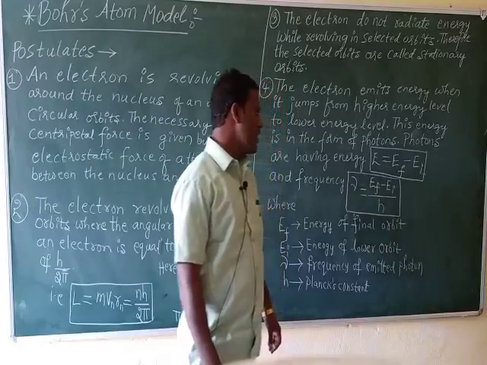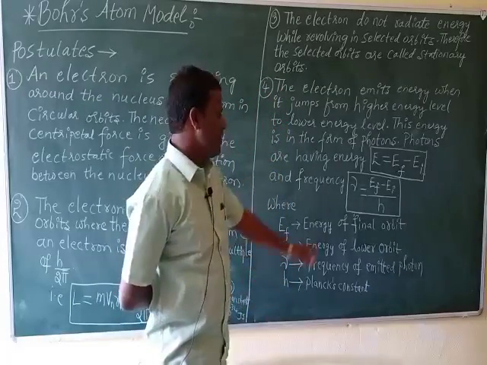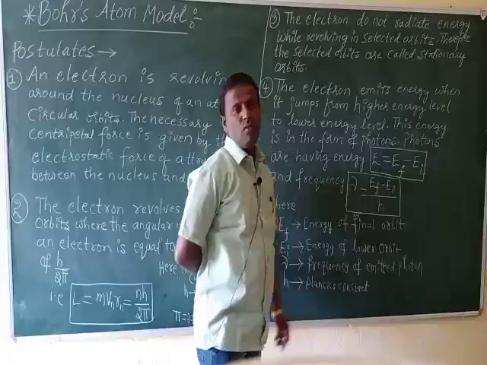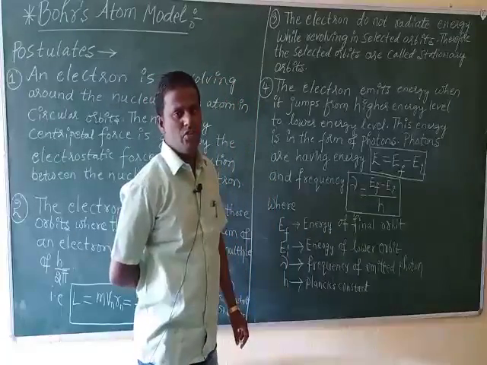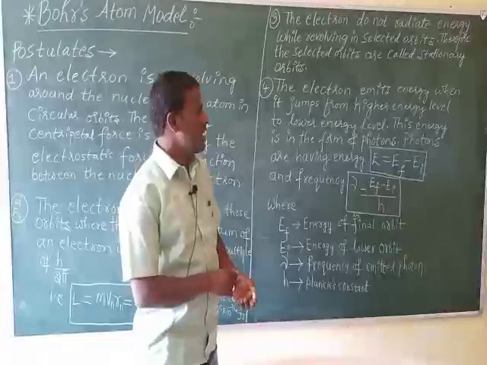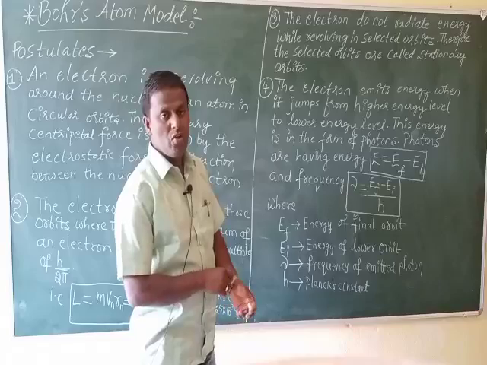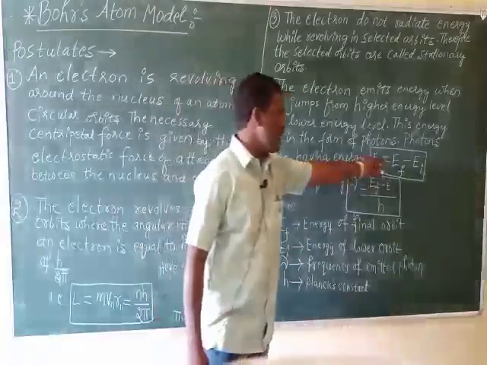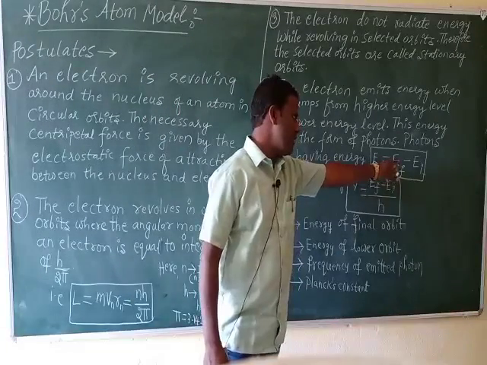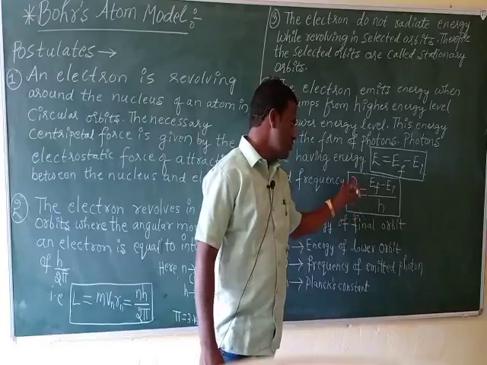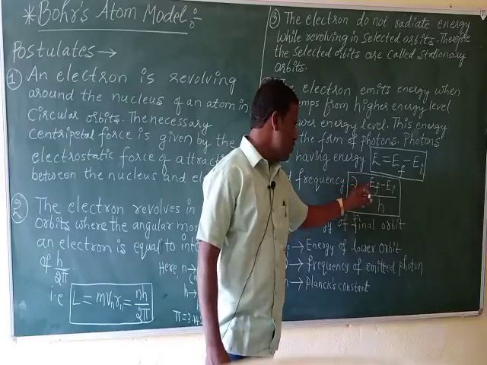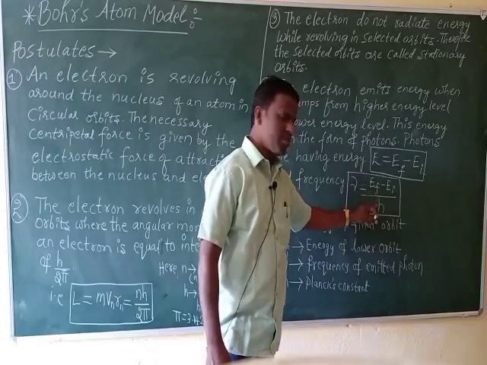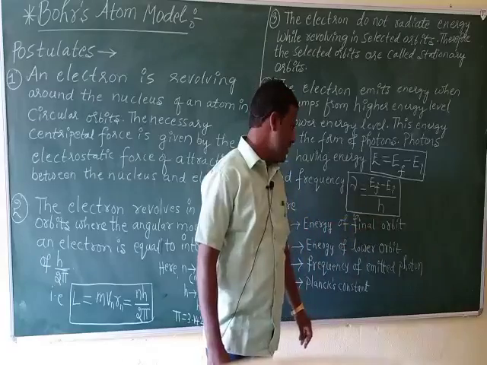See, the energy of a photon is E equals h nu. So here E means E_f minus E_i, so E_f minus E_i equals h nu. So frequency nu equals (E_f minus E_i) by h.